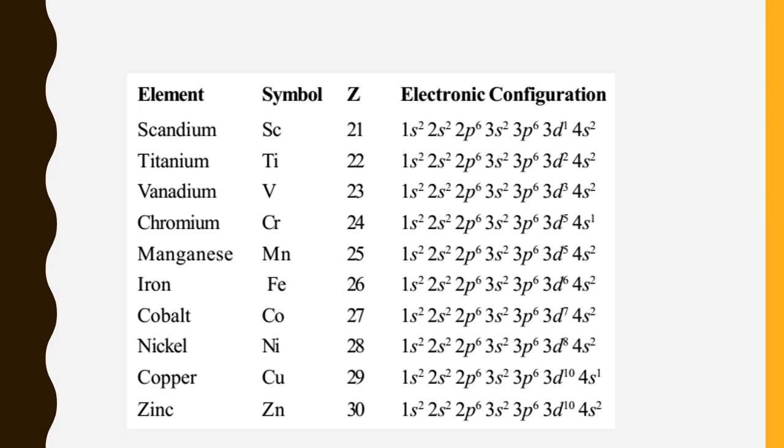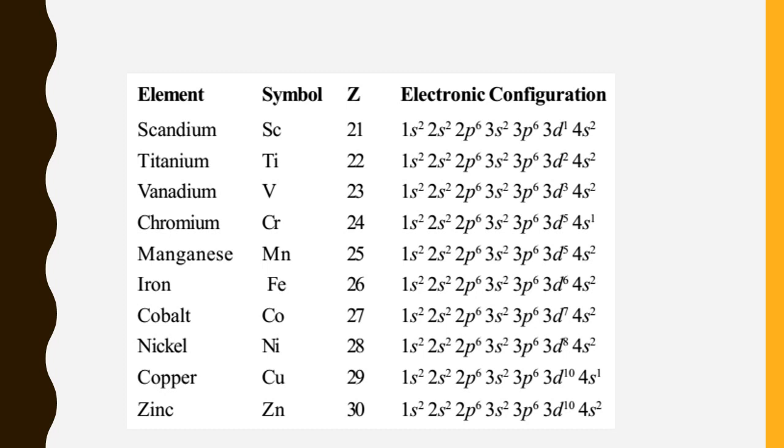Just find it. The addition of electrons in the D subshell increases from scandium to zinc because the atomic number increases. One electron is added in the D subshell. So you have to notice that.